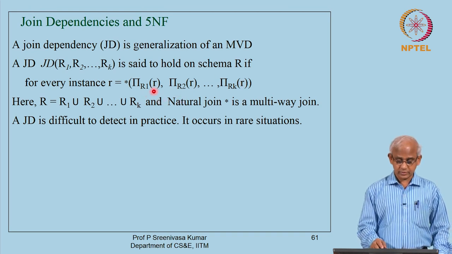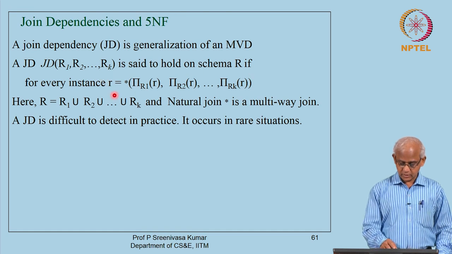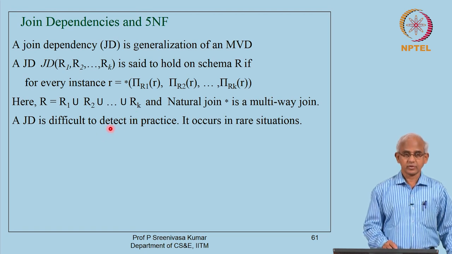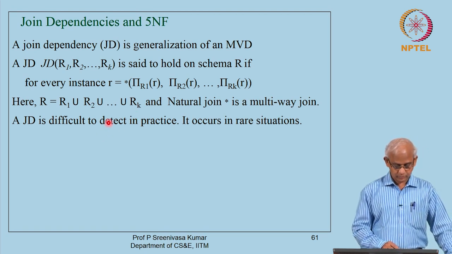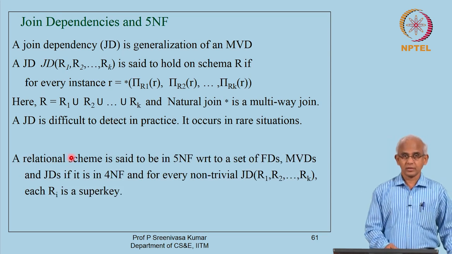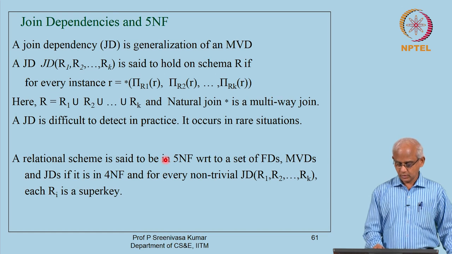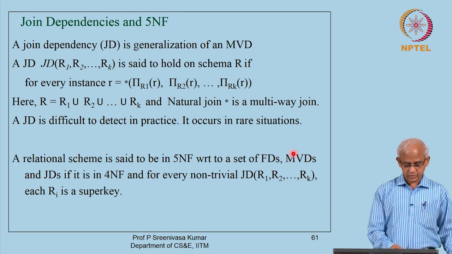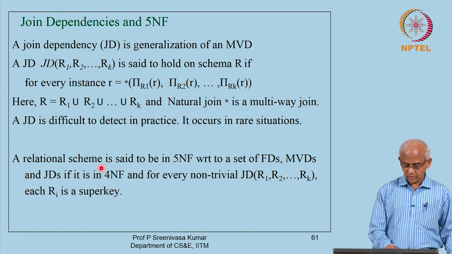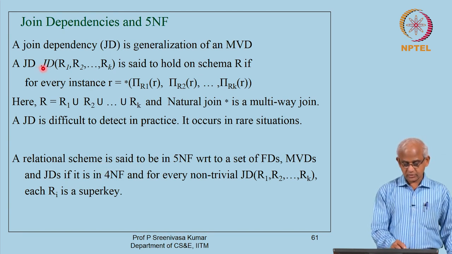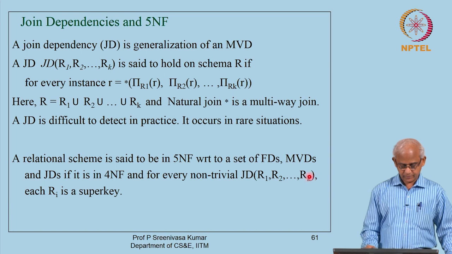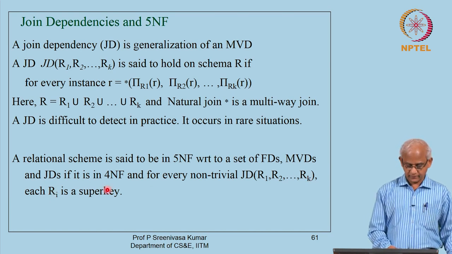So, in some rare situations this kind of a condition might hold, and in such situations we will define the normal form. A relation scheme is said to be in the fifth normal form with respect to a set of functional dependencies, multi-valued dependencies and join dependencies if it is already in fourth normal form, and for every non-trivial JD R1 R2 Rk, each of these Ri's is a super key.